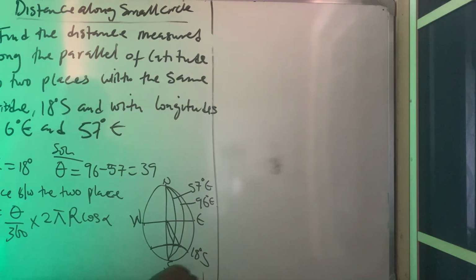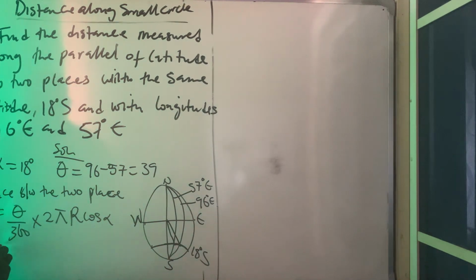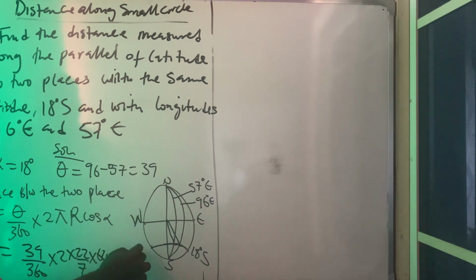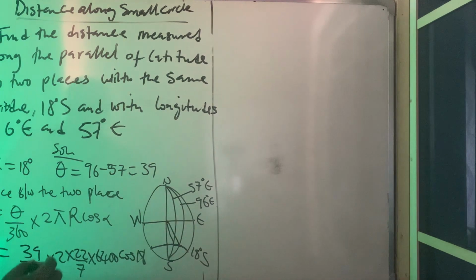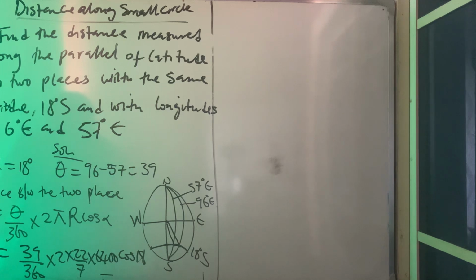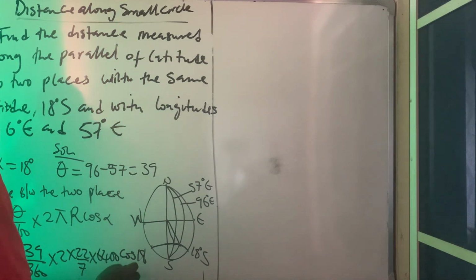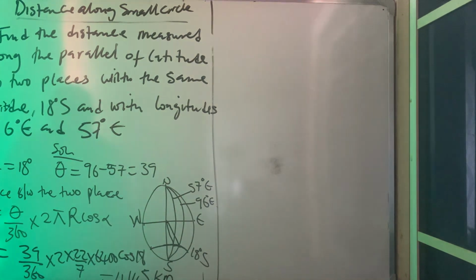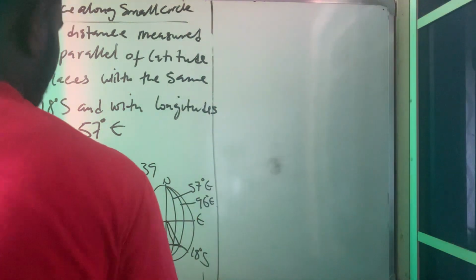If you put everything in, you now have 39 over 360 times 2 times 22 over 7 times 6,400 cos 18. If you do everything, your answer finally is approximately 4145 kilometers.